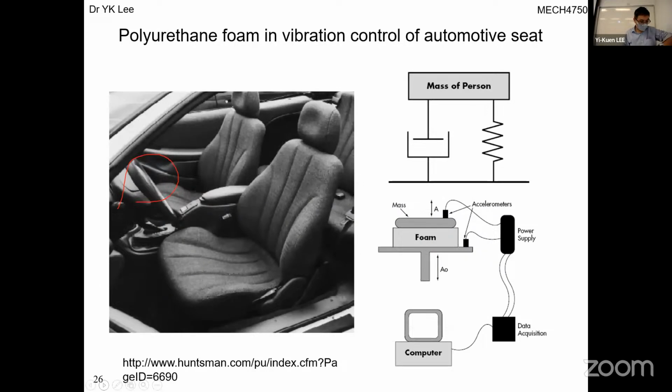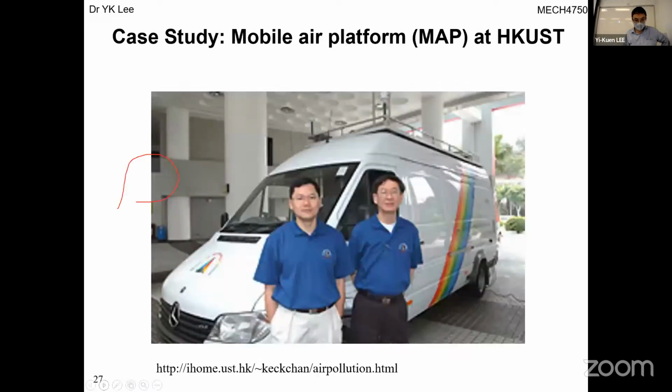And here, I think we'll show you these things. Basically, PU foam is used for car seats, automotive seats, right? And further here, I will show you one case study. I worked with a UG student on this NAB car.